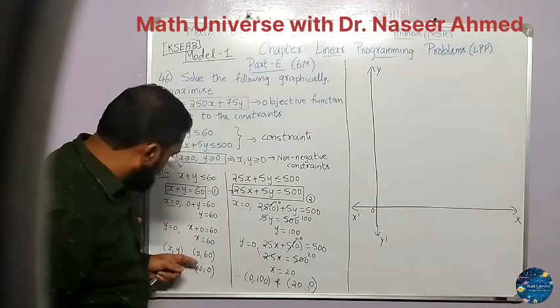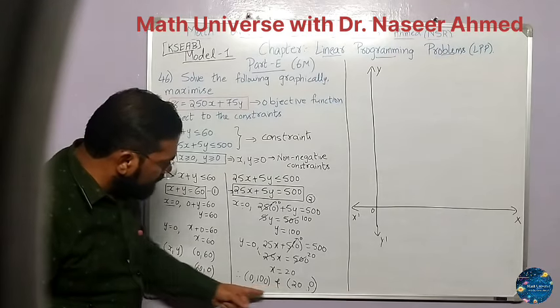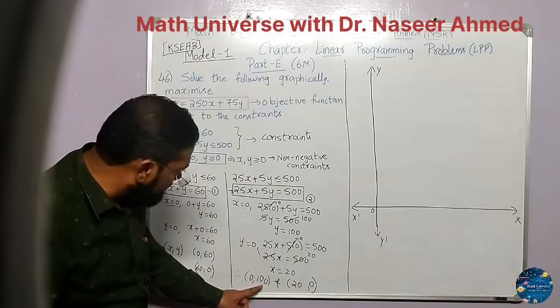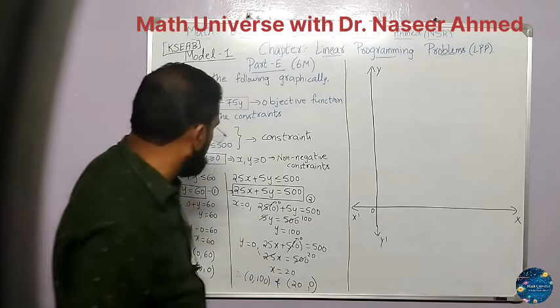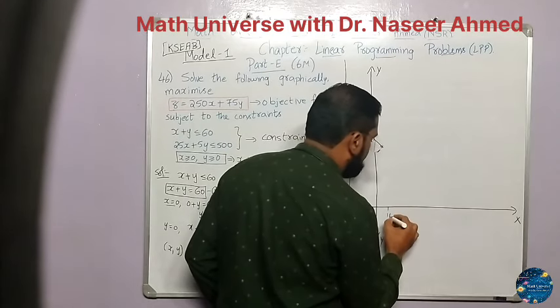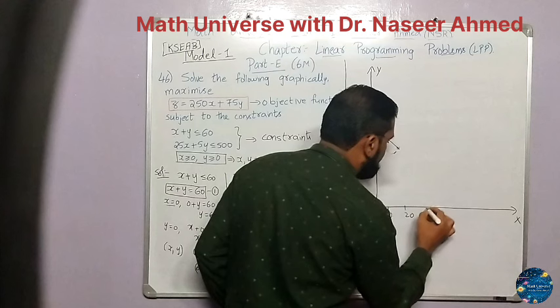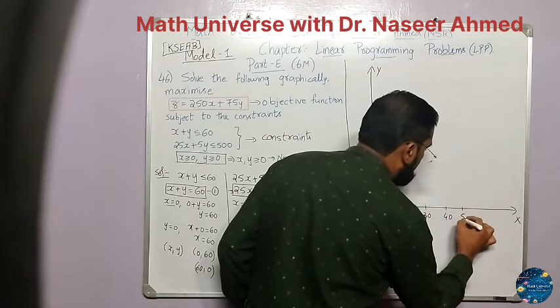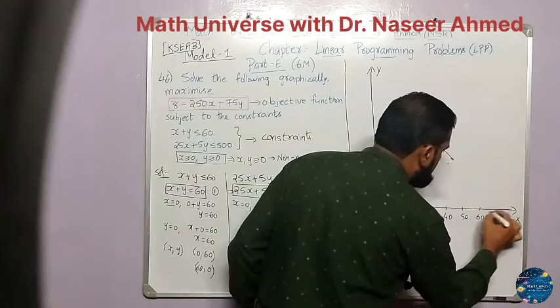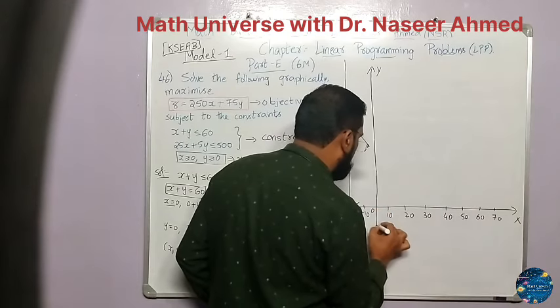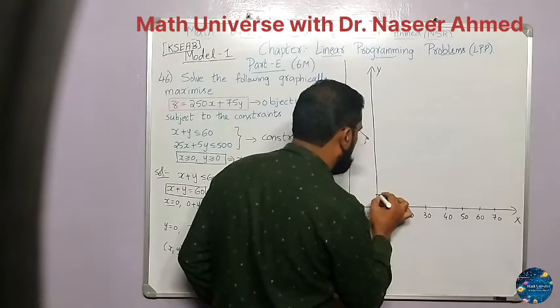Now along the x axis you can see 60 is the largest value. Then along the y axis, 100 is the largest value. Fine. So let us go with 10, 20, 30, 40, 50, 60, 70. Undoubtedly in the examination you are going to use a scale and pencil. Your presentation should be perfect.